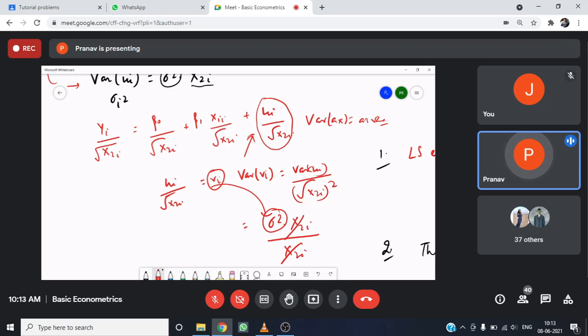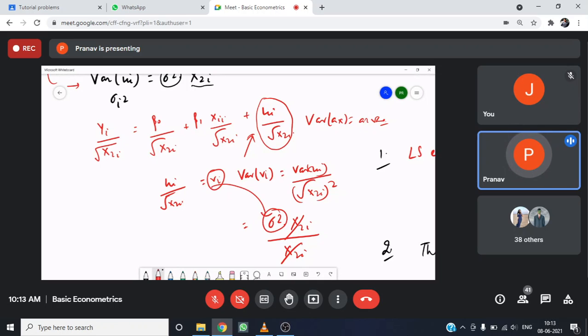There are other variants to this. If you are unsure which variable is responsible for influencing the error variances, then instead of using one of the explanatory variables as the weight, the fitted values of y are used as the weight.